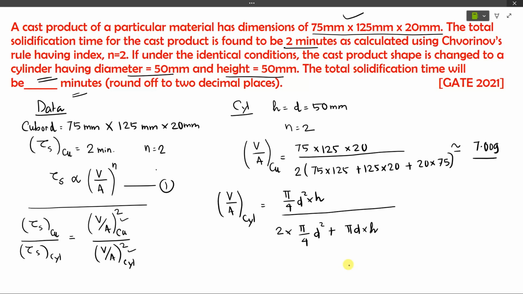Now as d is equal to h in this particular case, d square and d and h will cancel. We can divide by 4 and multiply by 4 so that we can cancel pi by 4 and pi by 4. The remaining would be h by 6, which is 50 by 6, approximately 8.33.